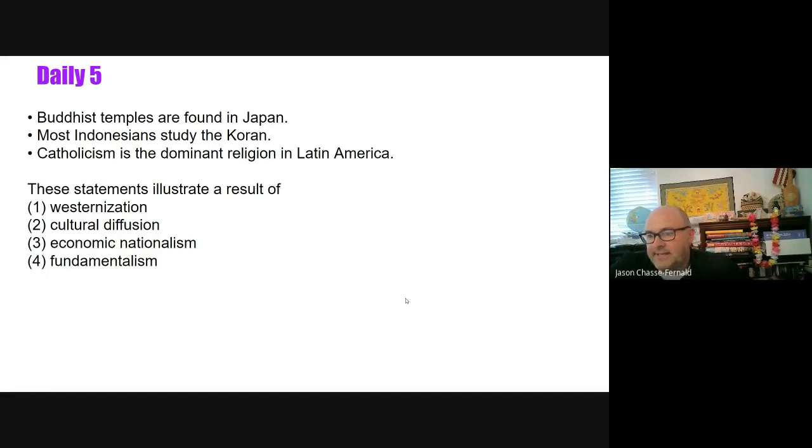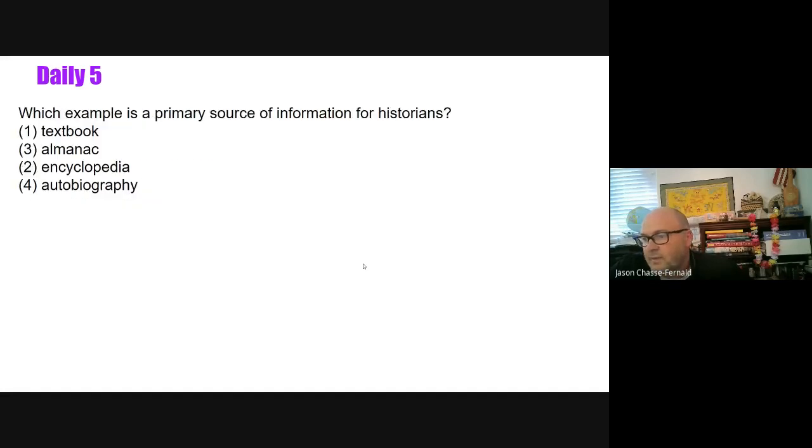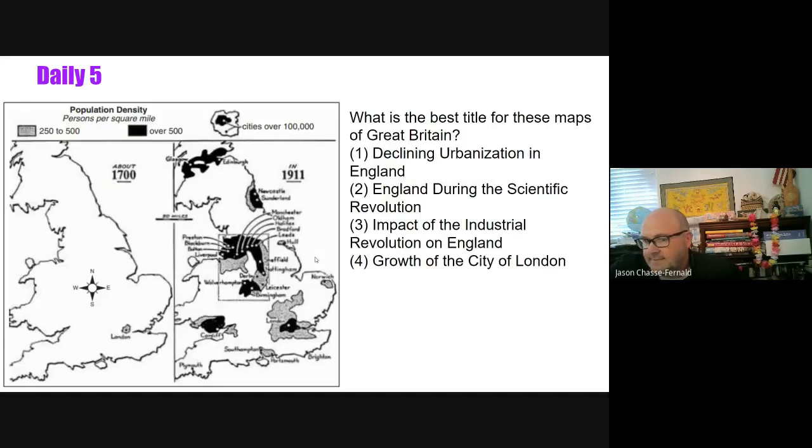And this is something that we had discussed yesterday, so this should have been an easy one for you. 2, cultural diffusion. Go ahead and pause. All right, so once again, we discussed this one yesterday. So 4. And come back when you're done.